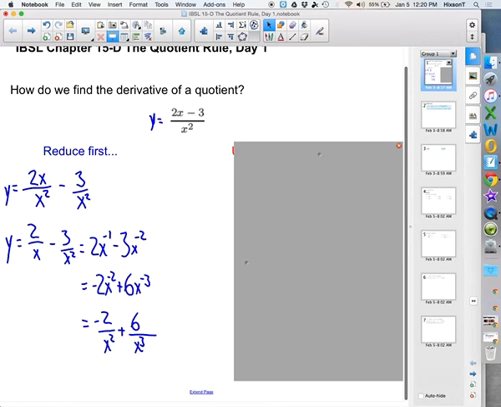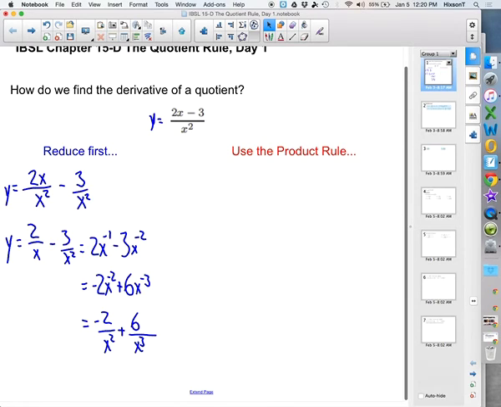So what would this look like if, instead of reducing first, we used the product rule? Well, I would have to rewrite this a bit. Obviously this is a fraction, but how could I rewrite y using the product rule? x to the negative second times 2x minus 3.